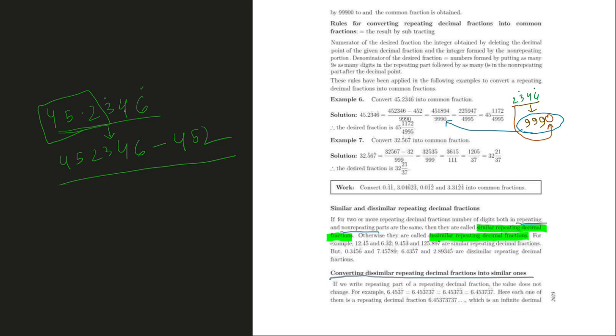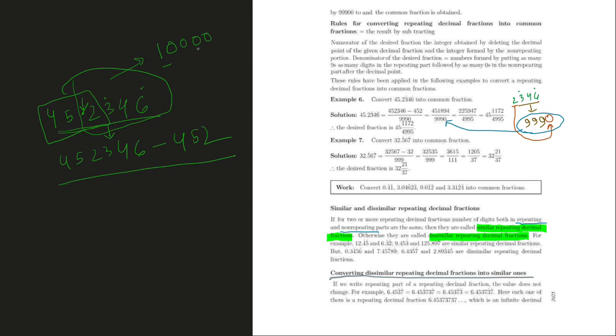Okay, so why 9990? If you look into this part, take this as 1, and then all of the rest of the digits that come after 1, you count them as zeros, right? So you get 10,000, and then you subtract just 10 from it, because there's a decimal again, and there's only one digit after that is not repeating.